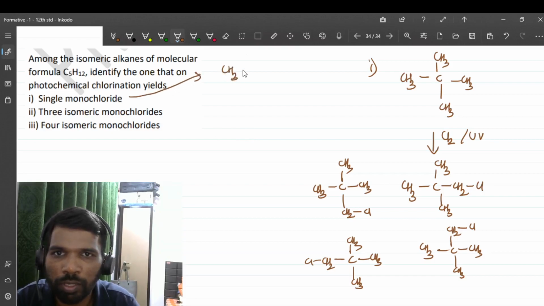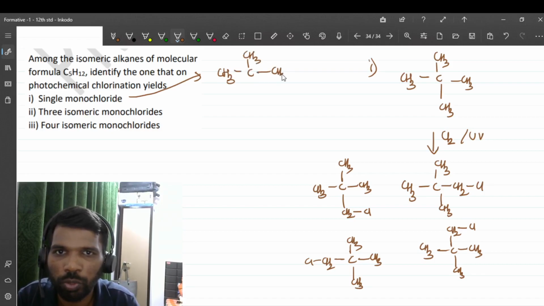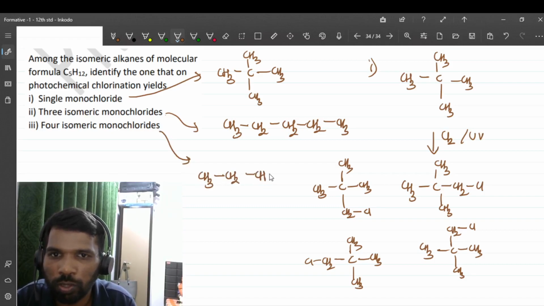This compound, CH3, CH3. This gives you a single monochloride. Three isomeric monochlorides were given by this CH3, CH2, CH2, CH2, and pentane. And four isomeric chlorides were given by this CH3, CH2, CH, CH3, and this.